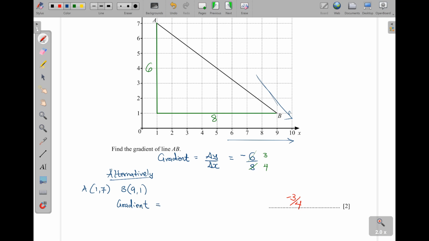So I can have this as my y2, then this is x2, then x1, then y1. So y2 minus y1, that will be 1 minus 7, then divide by 9 minus 1. This will be negative 6 out of 8. Do you see that it is the same thing as this? And then our answer becomes negative 3 out of 4.